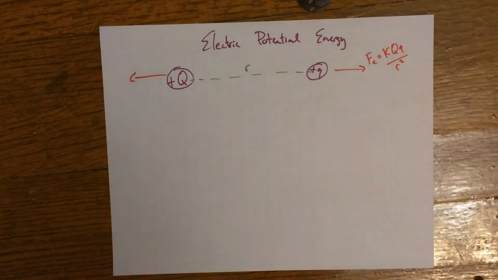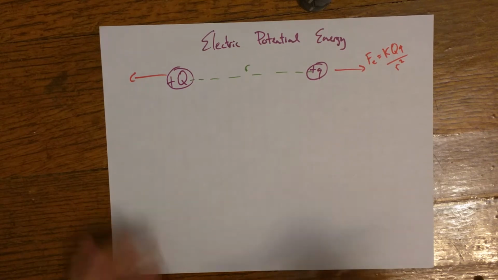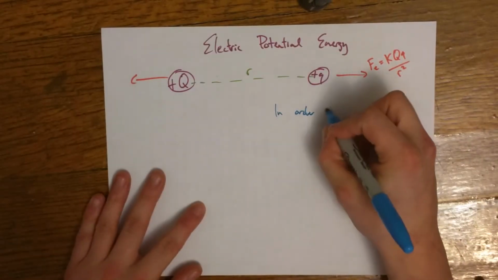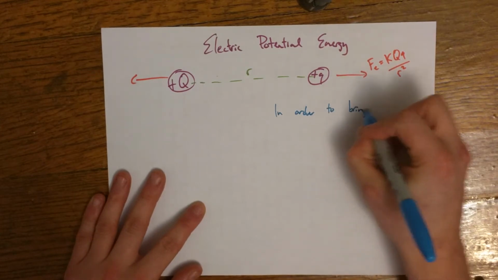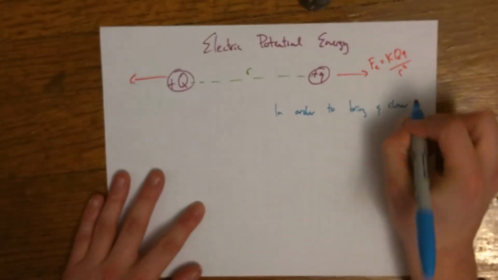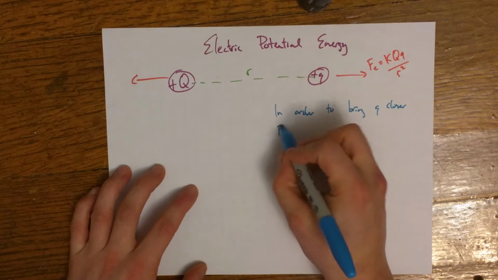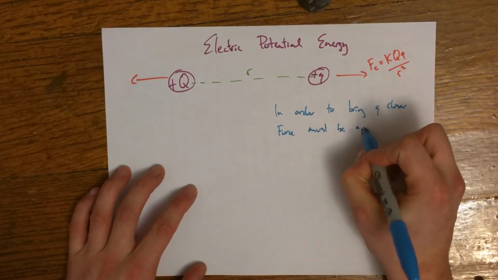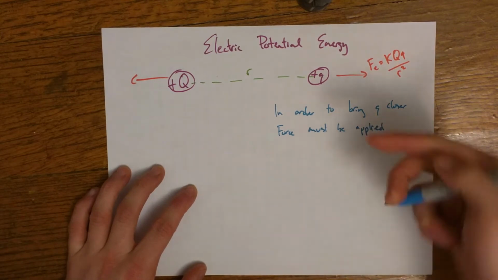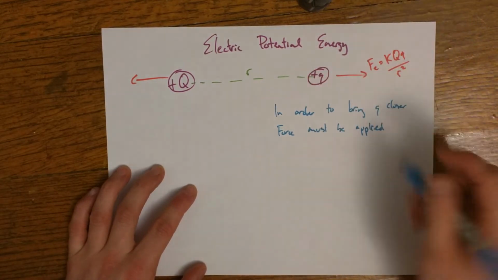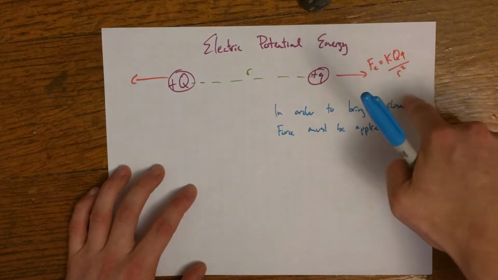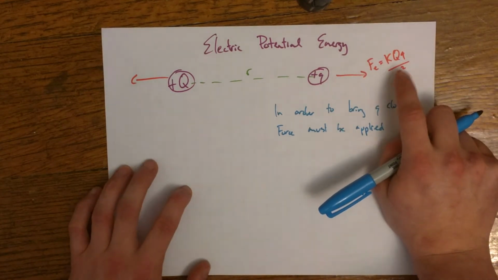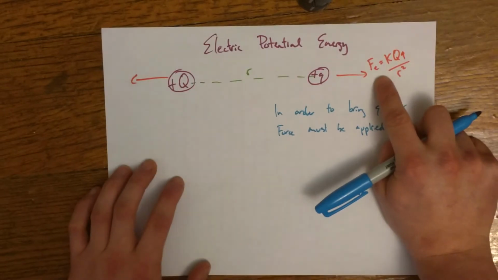So in order to bring the charge closer, a force must be applied. It's going to be in that direction, and it at least has to be greater than or equal to the electric force.